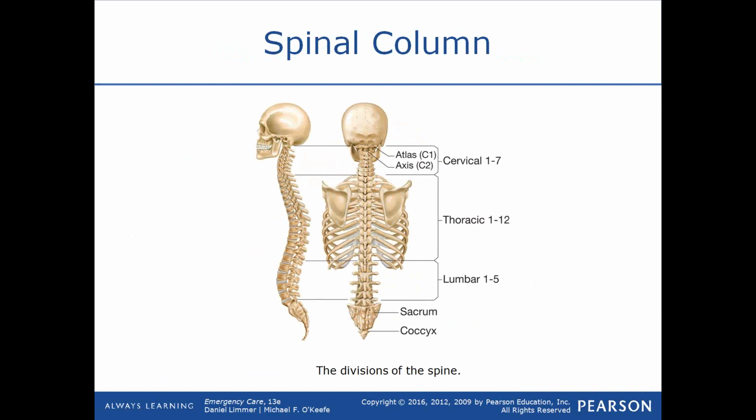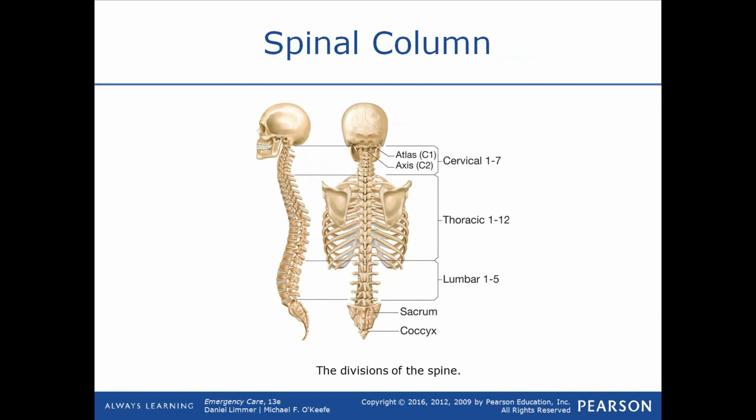So here is a diagram of the spinal column. Each one of those vertebrae stacks one on top of the other. There is a disc in between each of those. You may hear of people who herniate a disc, and that's that little soft cartilage that acts as a cushion between the bones of the spinal column.